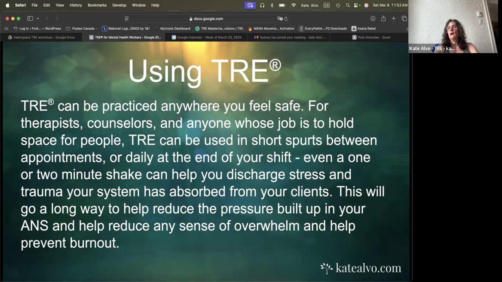In my humble opinion, all people who are working in any care profession should have a regular nervous system regulation practice for their own well-being, but also for their clients.